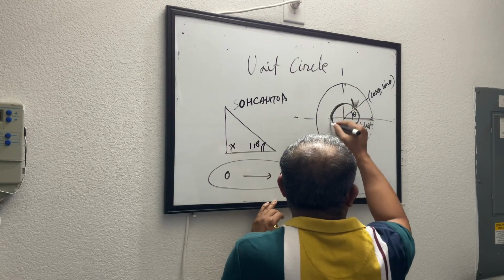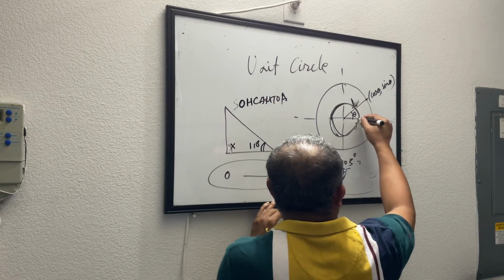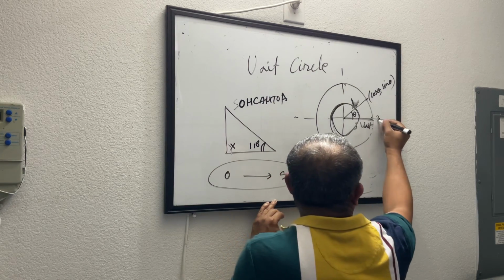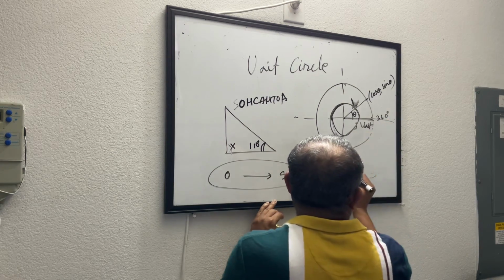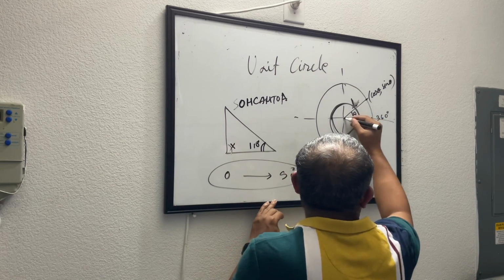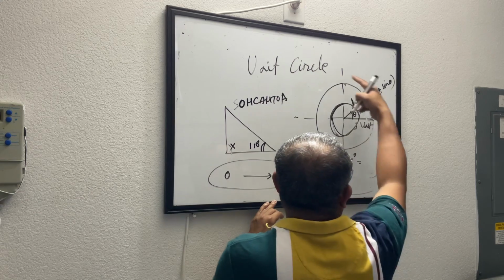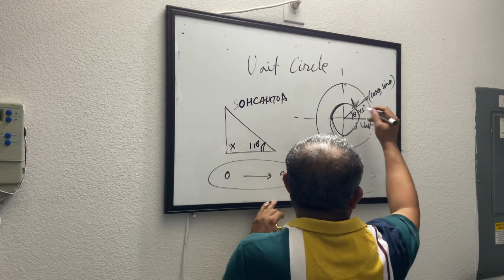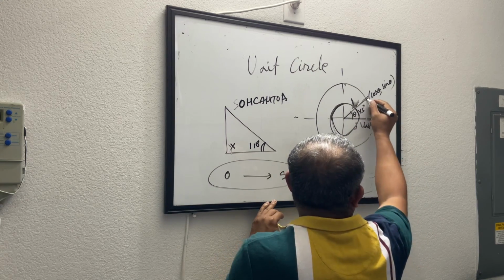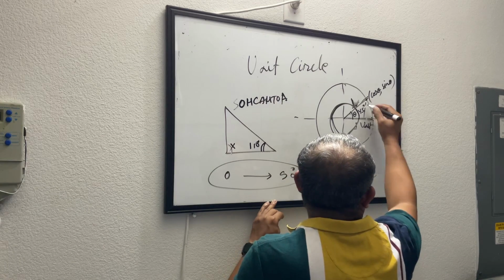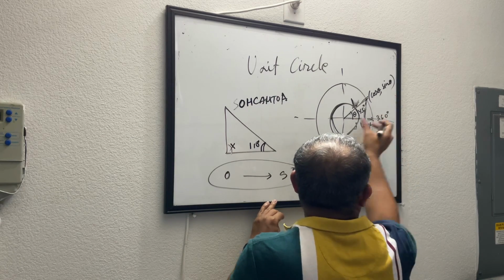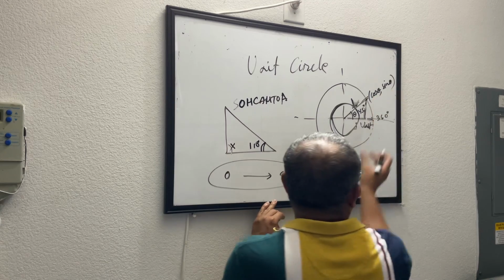So one complete loop will make 360 degree. And if I'm talking about 405, meaning I'm going 45 degrees further. So after making one complete loop, you're talking about only this 45 degree. So whatever is the value of your cos theta, I mean this x, is what your value of this would be.